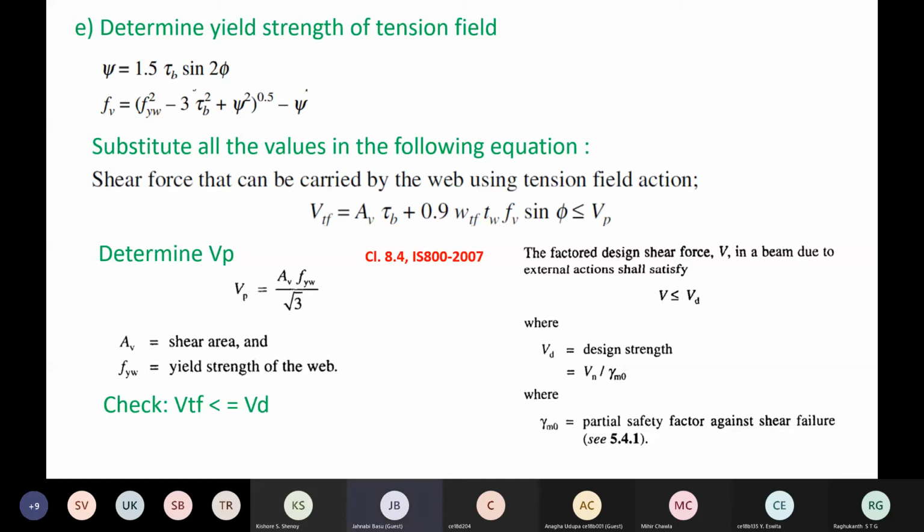After we have understood how to get VTF, we will see how to determine VP, that is AV FYW by root 3. AV is the shear area and FYW is 250. So divided by the partial safety factor, gamma m naught, you will get the design shear force, that is VD, and then you can check whether your VTF is less than or equal to VD or not.